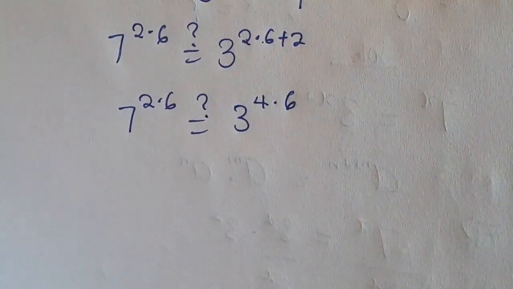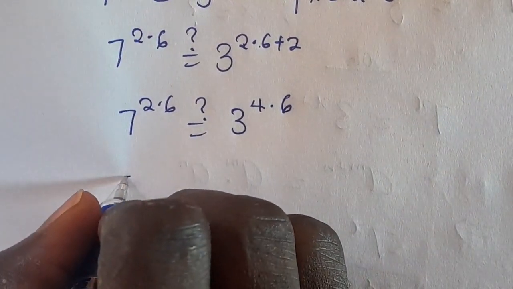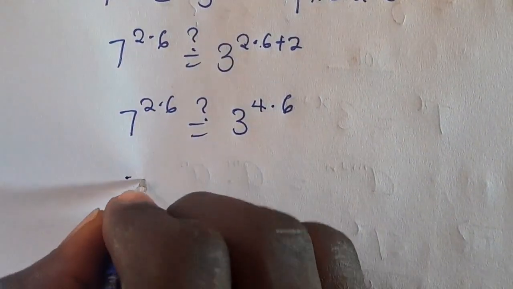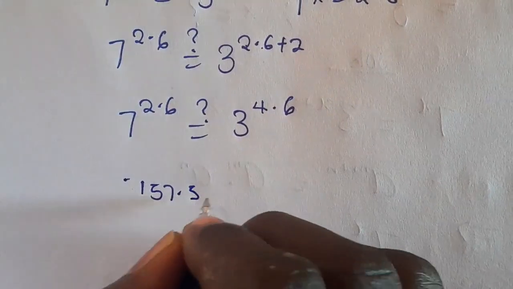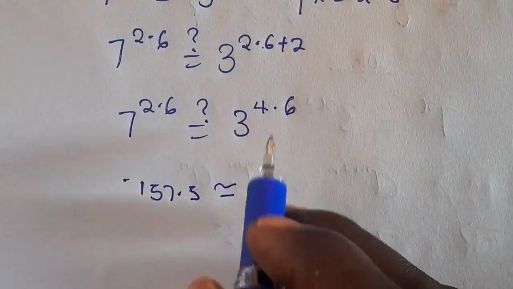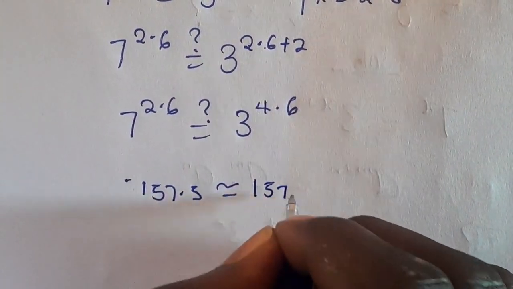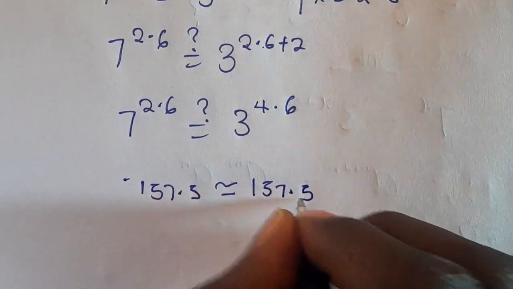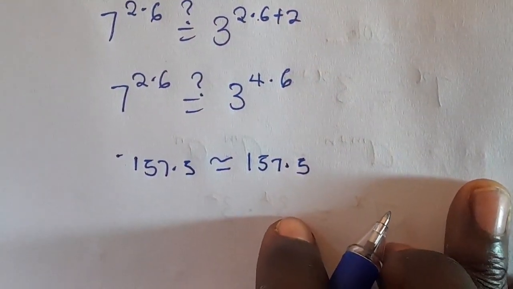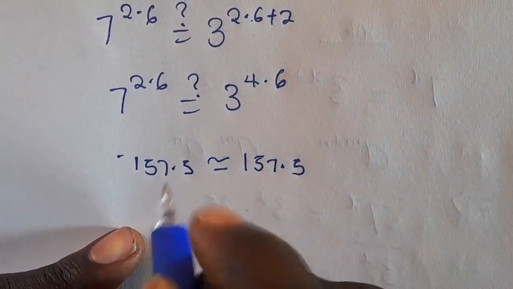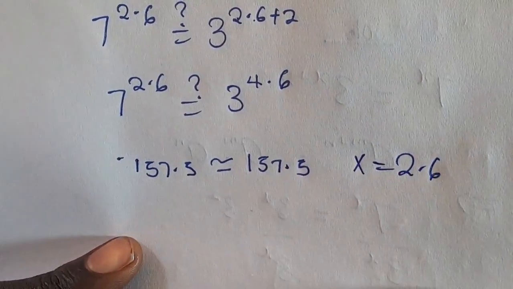And so therefore from here, when you press it, we have it to be 157.5, which approximately equals, when you press this one again, we have 157.5. So this is true for the value of x equals 2.6.